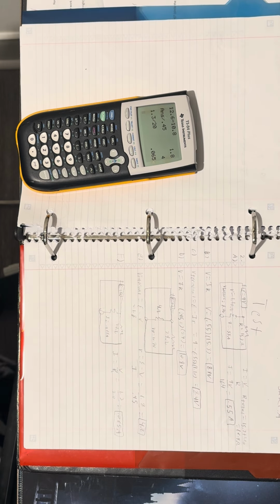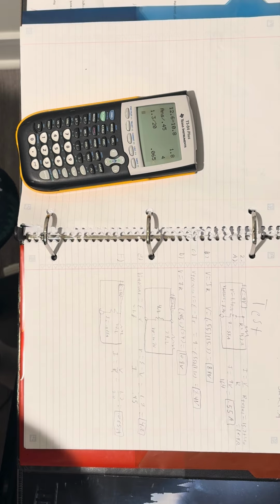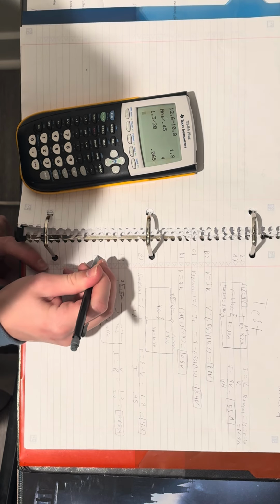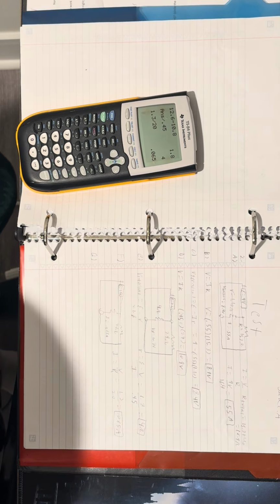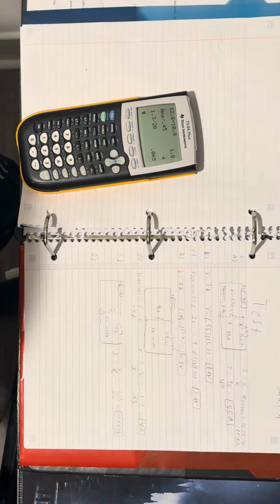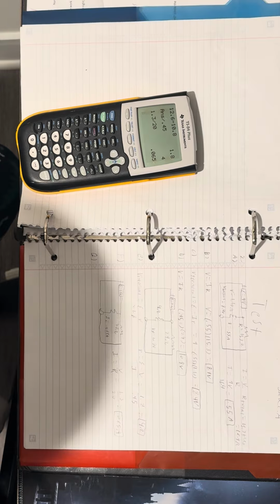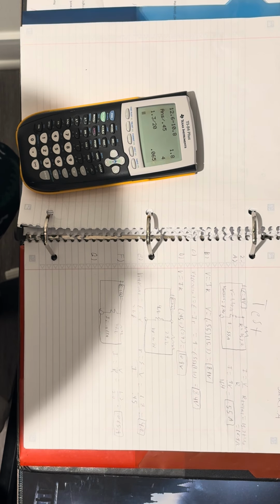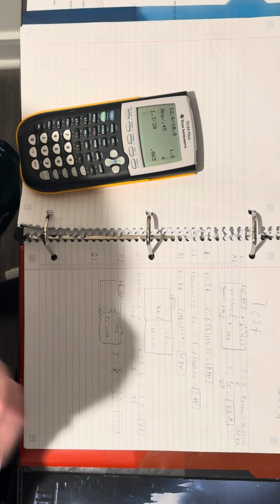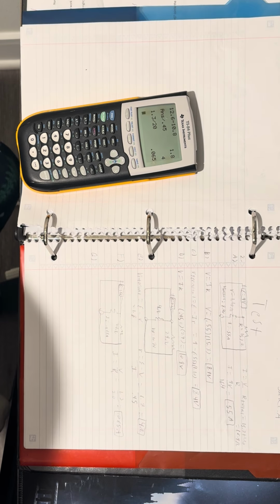Moving on though to G, which asks us to find the internal resistance of the battery. Internal resistance was electromotive minus the volts.